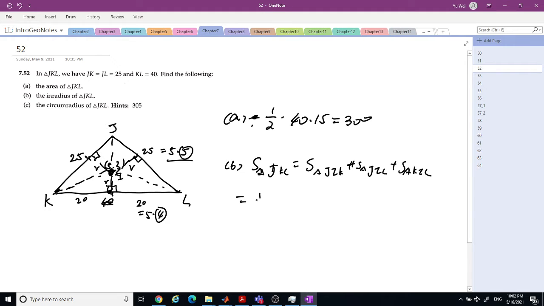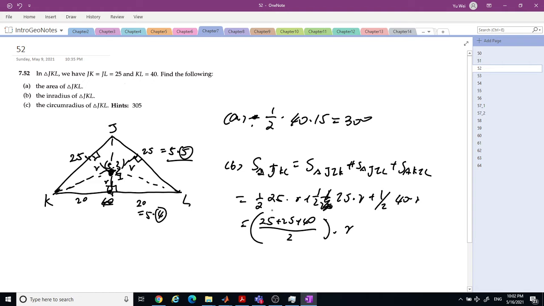So this is half of 25 times r, plus half of 25 times r, plus half of 40 times r. You can see it's half of the perimeter times r.